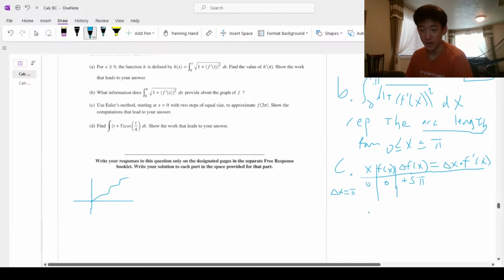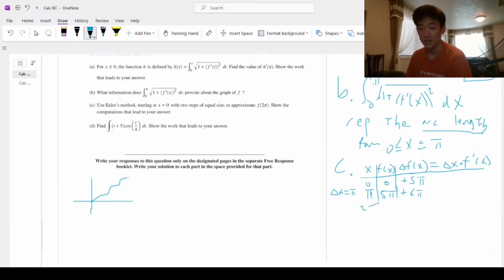This means the next value, now we're at x equals pi. 0 plus 5 pi is 5 pi. Now next, we want delta x times f prime of pi. F prime of pi is 6, so plus 6 pi.